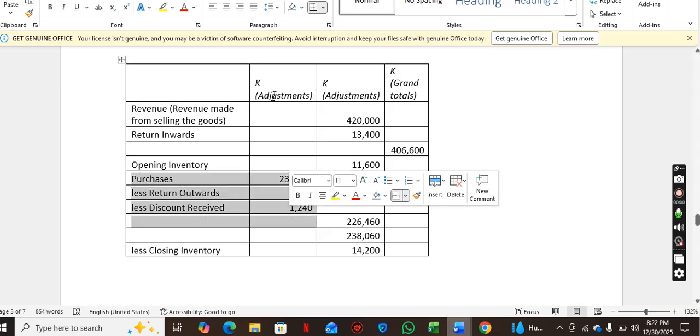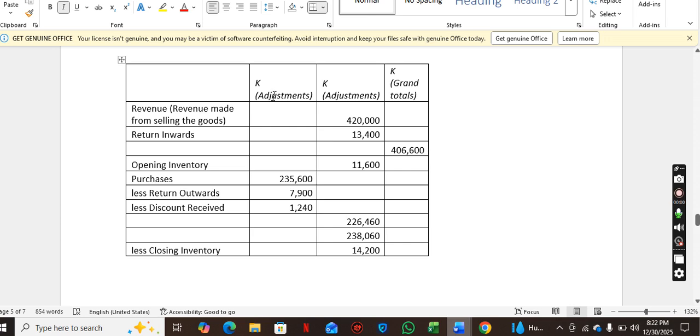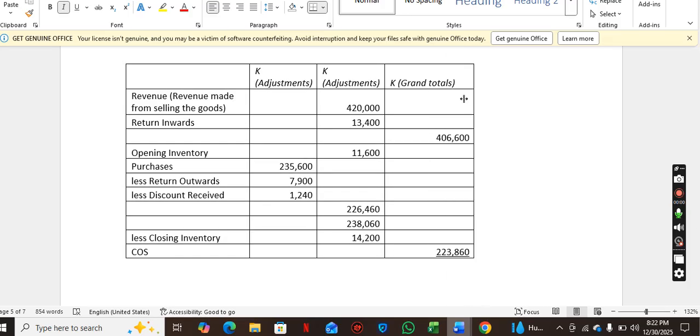Other than that, that's the only purpose. So remember, when you're making this, put 3 columns like this. Once you start doing financial reporting, it's just 1 column.